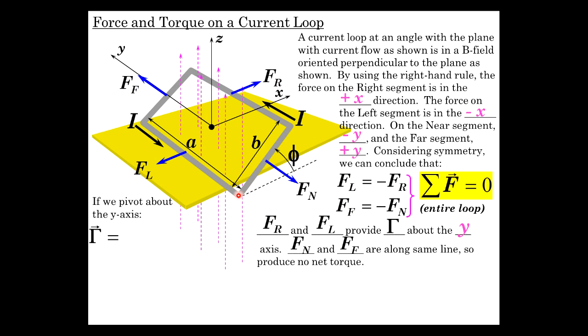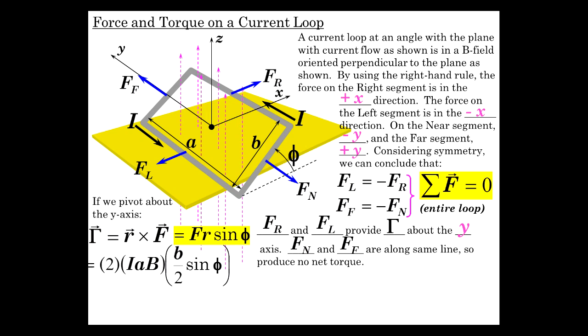That looks like this length times the sine of this angle, and that's going to be the moment arm for the torque. So torque is r cross F, and that's F r sine of theta, or phi, I'm sorry. The force, the radius, sine of the angle between them.